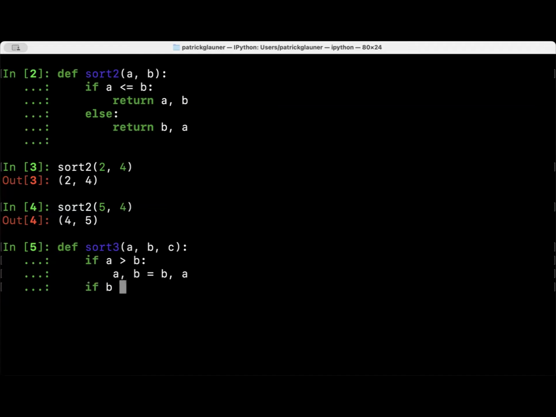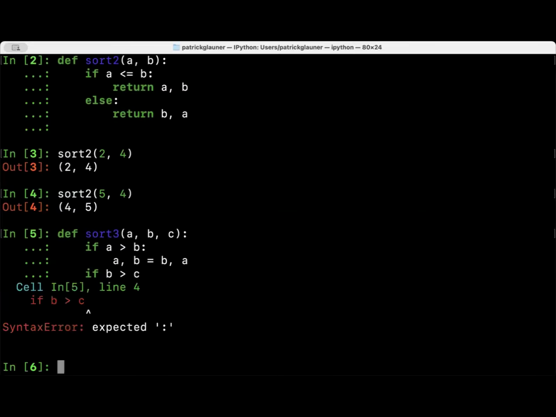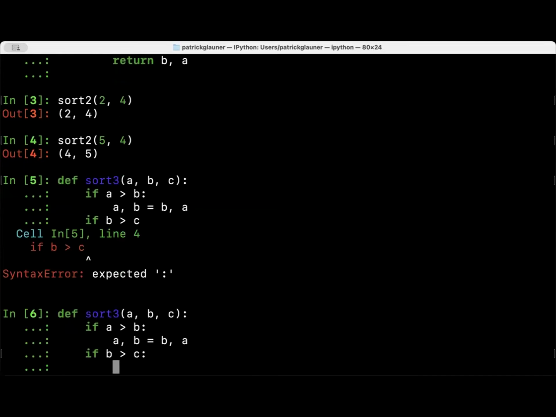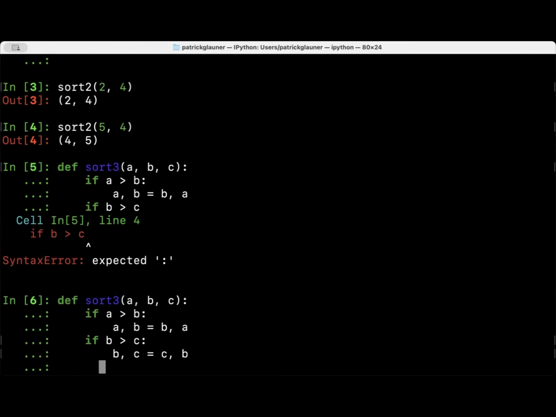But we're not done yet because B could be greater than C. And sorry, no. If B is greater than C, then I also need to flip B and C. So BC will be C and B, because then we move the value in B that is greater than C into C. And now we have shuffled A and B and B and C potentially, but we need one more check because we may have had the smallest value in C before, and we have moved this into B, but now we still need to move it into A. So we may have to flip A and B again.